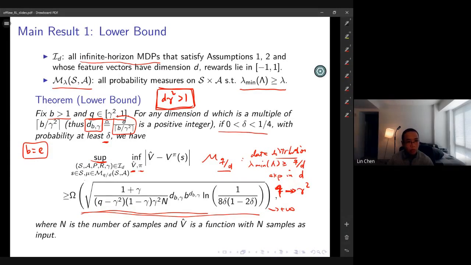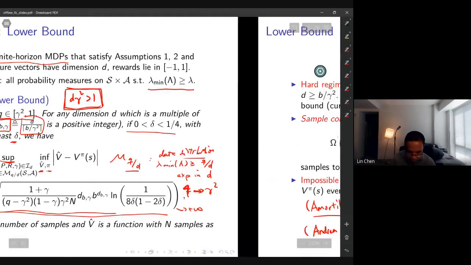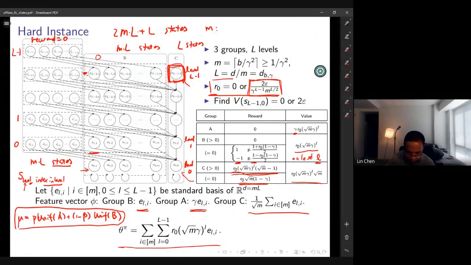Yeah, great question. Actually, d_{B,gamma} here is just the M in our construction for the hard instance. Sorry, d_{B,gamma} is the number of levels, and M is the ceiling of d over gamma squared.